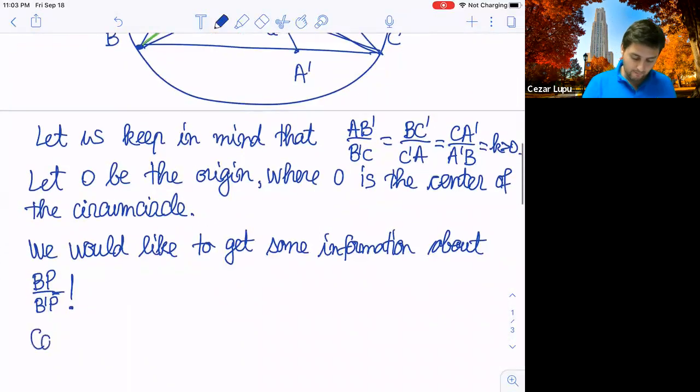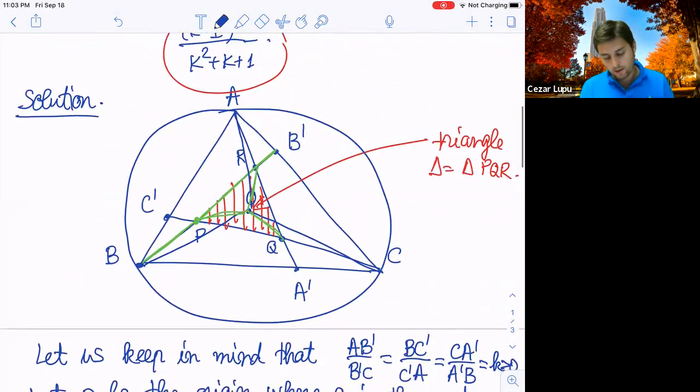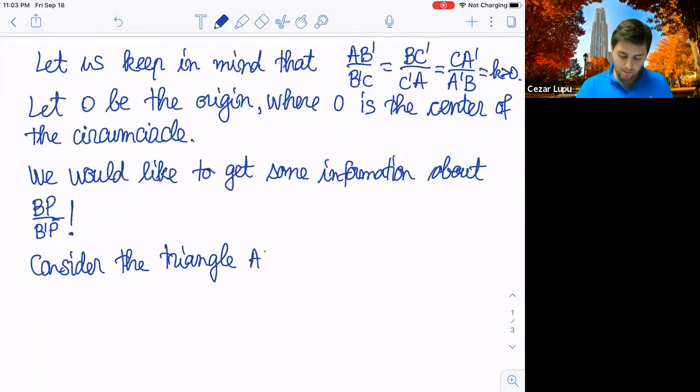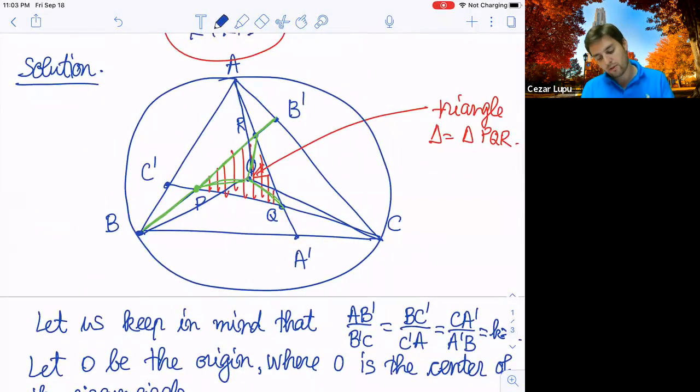Consider the triangle ABB prime, and here we will have the transversal.